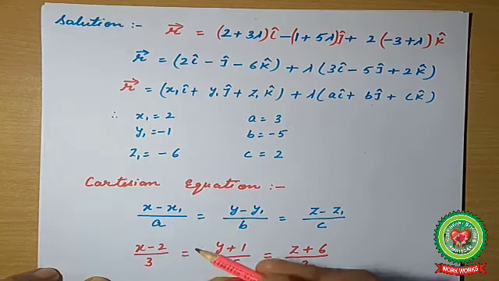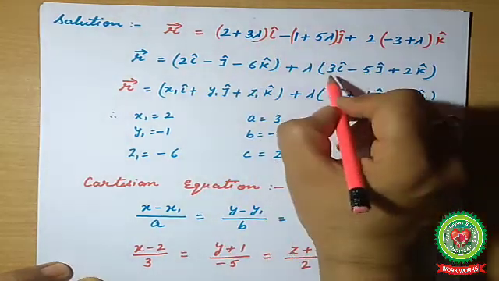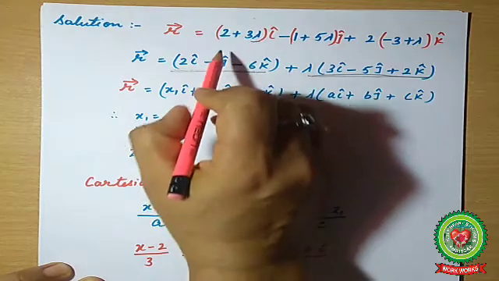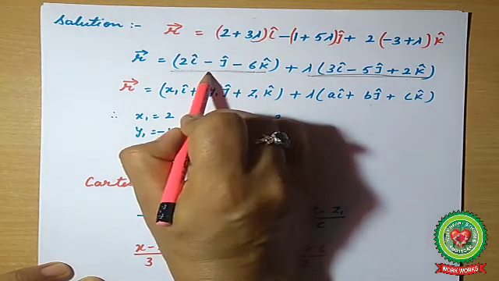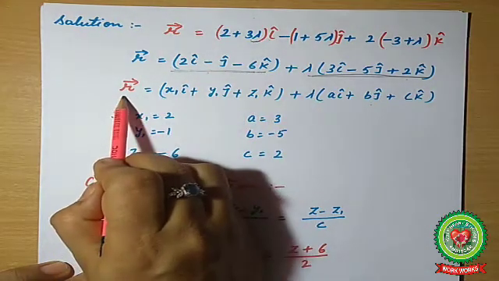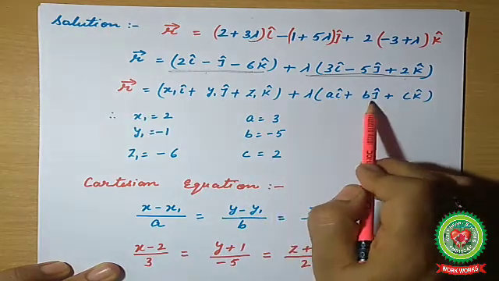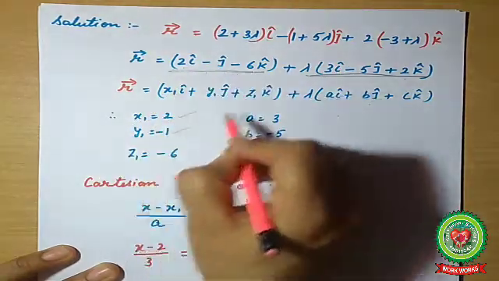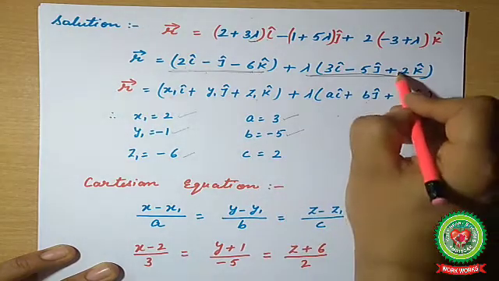Because the vector equation is in parametric form with one parameter lambda, we separate the passing-through point from the direction ratios, keeping the lambda part separate. Now we compare it with the general parametric form: vector r equals x1 i cap plus y1 j cap plus z1 k cap plus lambda times a i cap plus b j cap plus c k cap. Comparing the values, x1 is 2, y1 is minus 1, z1 is minus 6, a is 3, b is minus 5, c is 2.